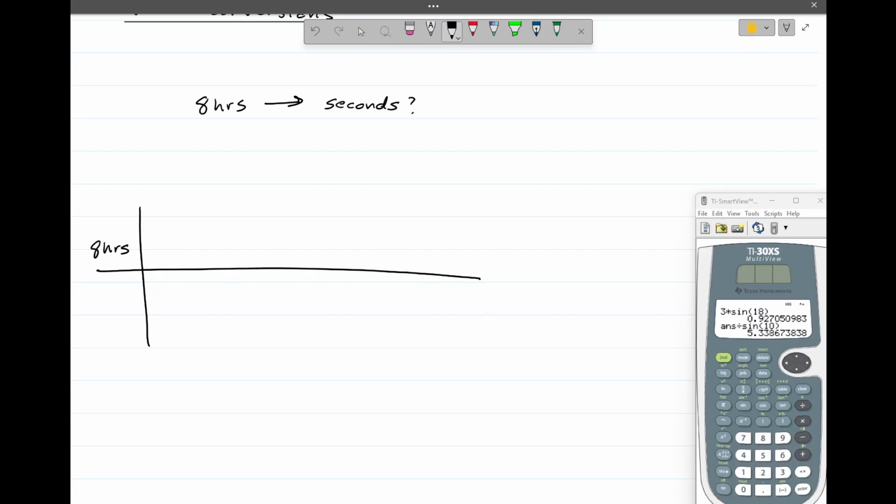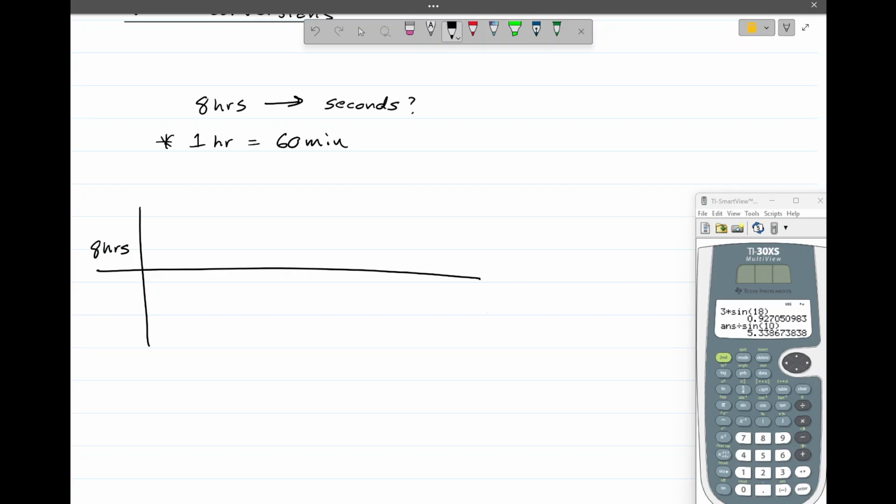Now, you could just go straight from hours to seconds, but let's say I didn't know what any of the conversion factors are. So I have to do this in steps. The first step is I do know that 1 hour equals 60 minutes. So that becomes my first conversion factor.